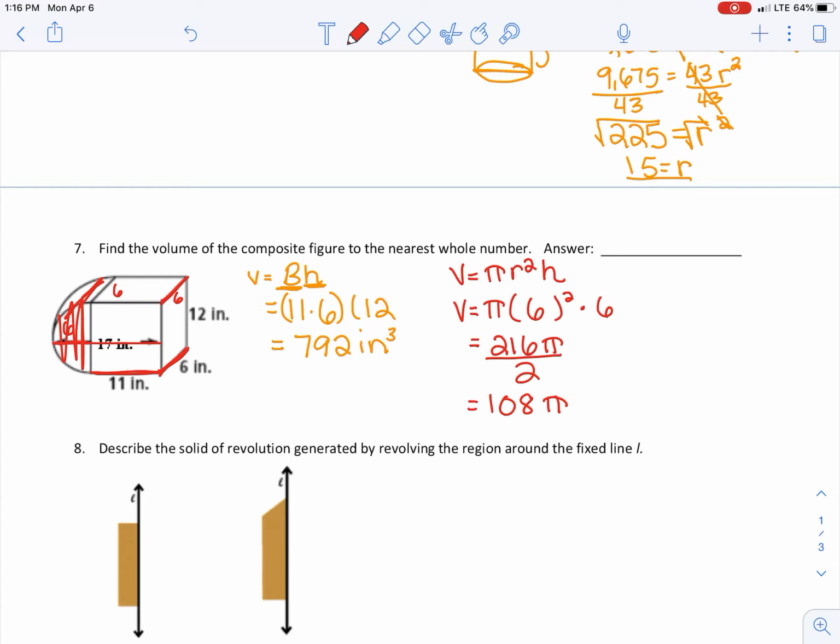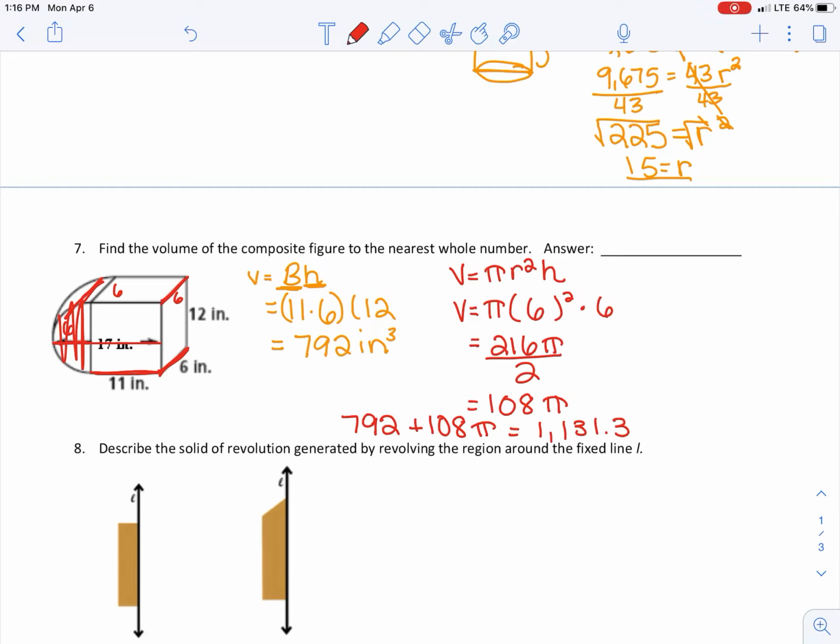Now, in order to find the volume of this entire figure, we now have to add both the orange part and the red part together. So all I'm going to do is take the 792 plus 108 pi. And if you add all of that together, you get 1,131.3.